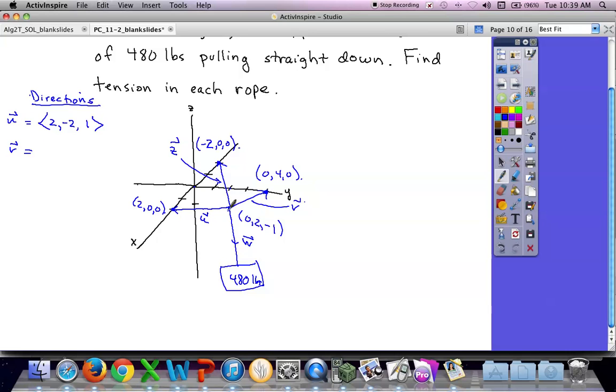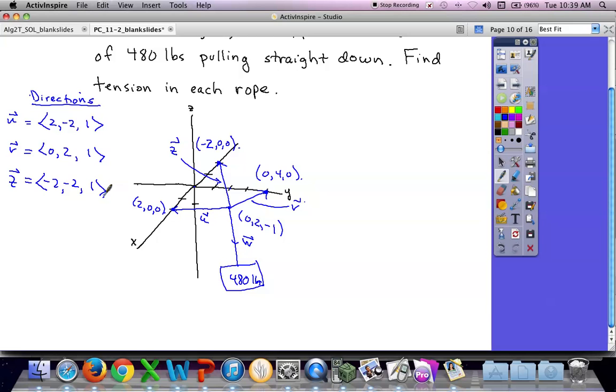And that will be 0 minus 0, 0, 4 minus 2, 2, and 0 minus negative 1, 1. And the direction of the vector Z, which is pulling up in that direction, is negative 2 minus 0, 0 minus 2, and 0 minus negative 1, 1.